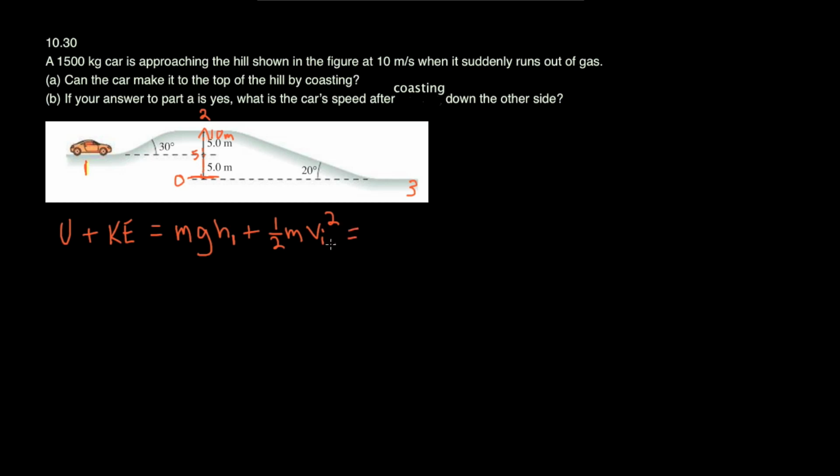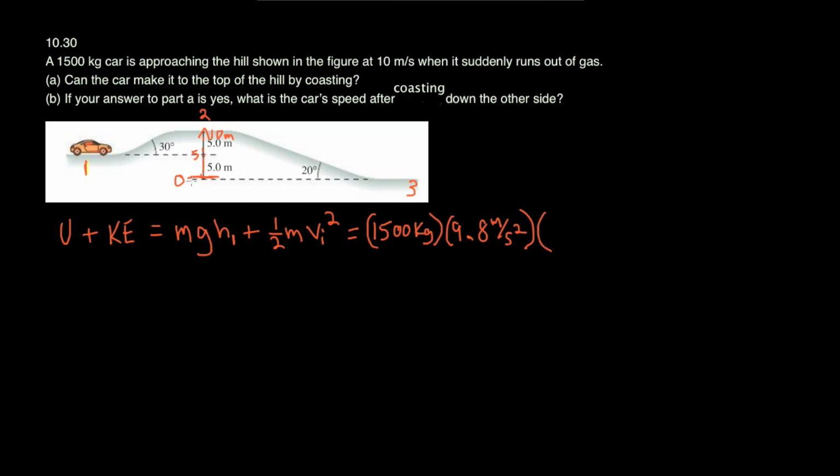So we know all these values, right? We know the mass of the car, the gravity constant, the height, and the initial velocity. So let's go ahead and plug in. It's going to be 1,500 kilograms times 9.8 meters per second squared times h1, which we said is 5.